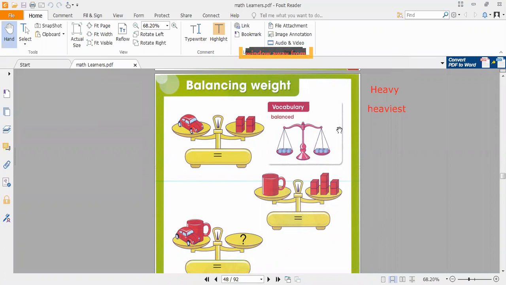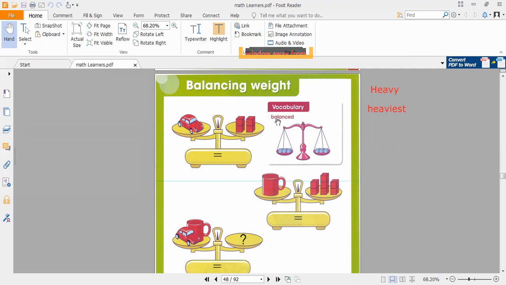This one is called a scale. To make the scale balance, we are going to put an equivalent amount so that the balance scale should be equal, or you can say it should be balanced.